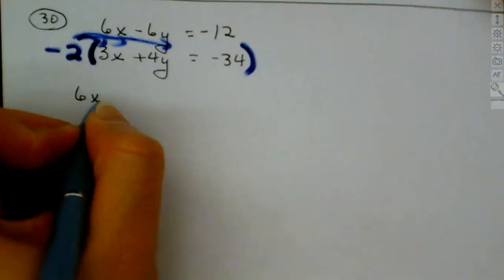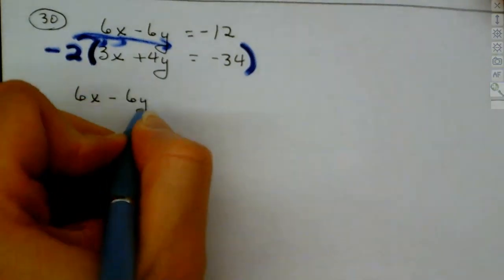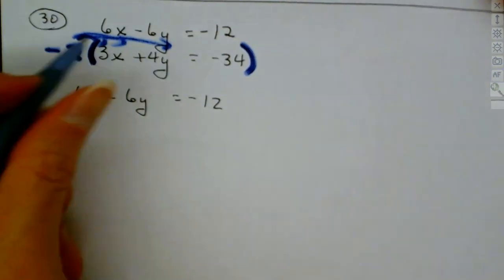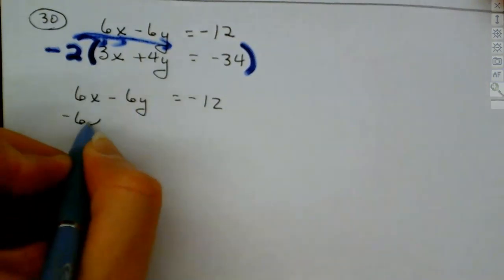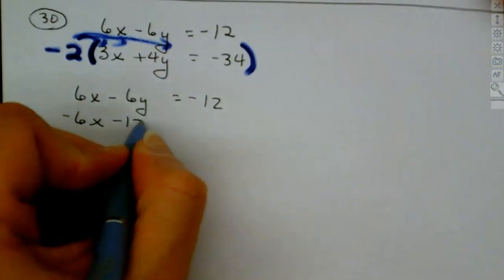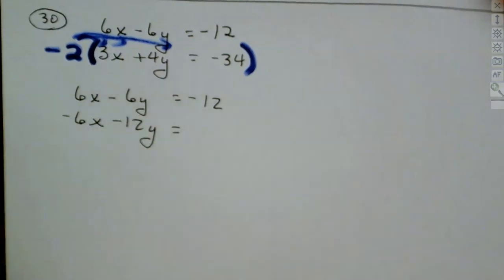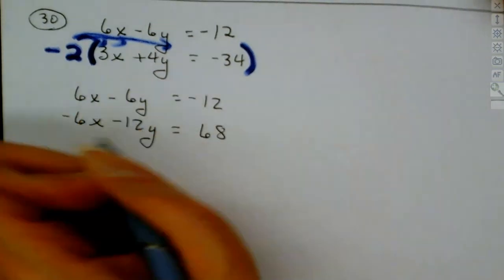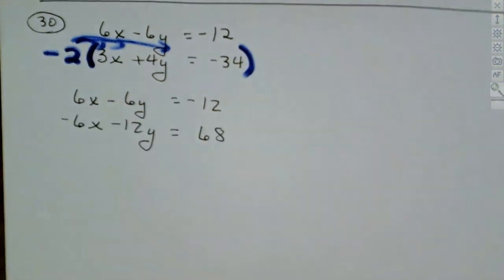So that is then 6x minus 6y equals a -12. And when you distribute the -2 through, that's a minus 6x minus 12y equals, let's see, positive 68, isn't it? Yep, make sure you don't make a mistake. 34 times 2, yep, that's a 68.